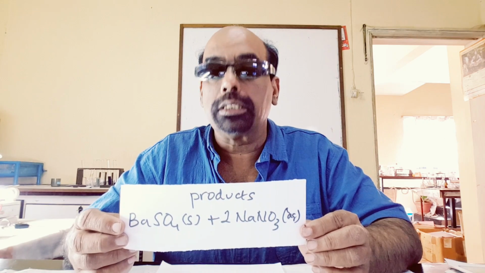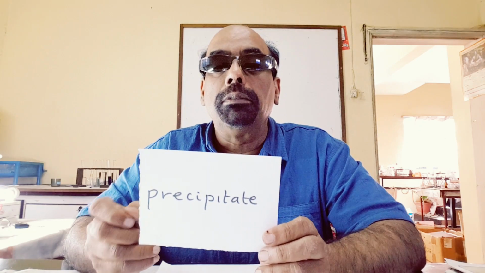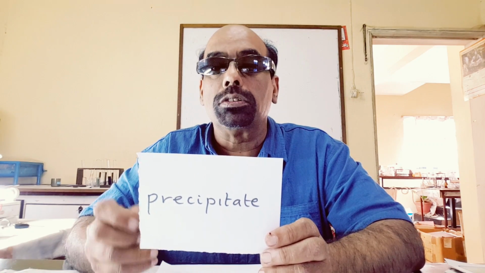The precipitate, barium sulfate, is white in color. Barium sulfate is the precipitate. The reaction between barium nitrate and sodium sulfate is a precipitation reaction.